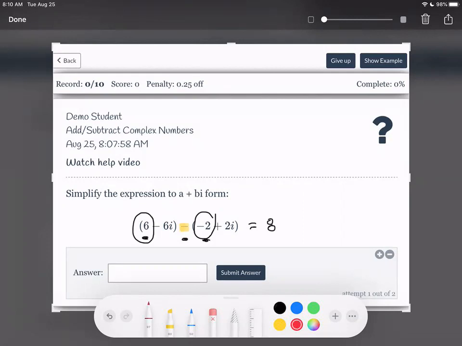Okay. Then the next part is we have a -6i minus 2i. So -6 minus 2 would be -8.